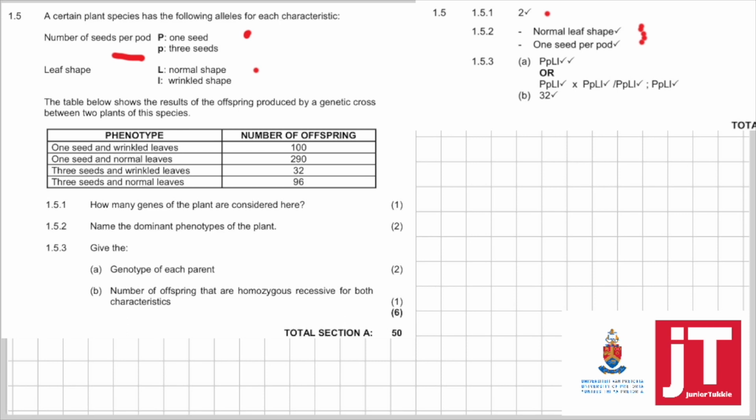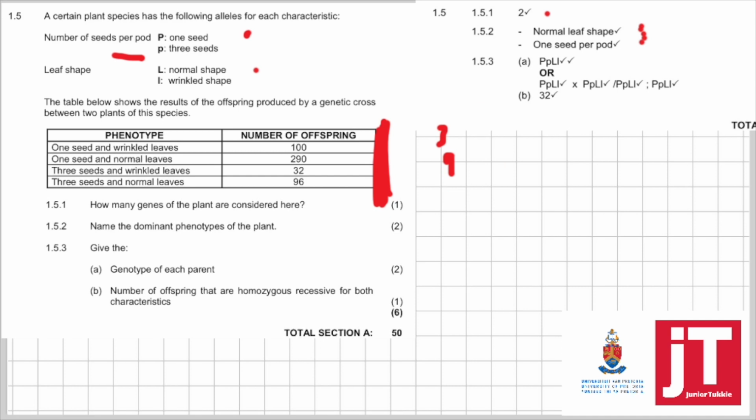Now, if you look at the parents, and if you know your ratios, you can see it's 9, 3, 3, 1. That's the offspring. So I know to get a ratio of this offspring, both parents must be heterozygous.